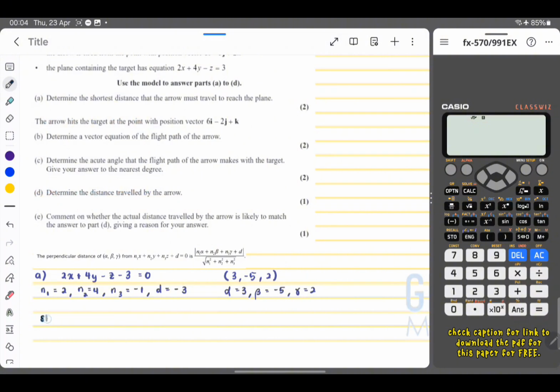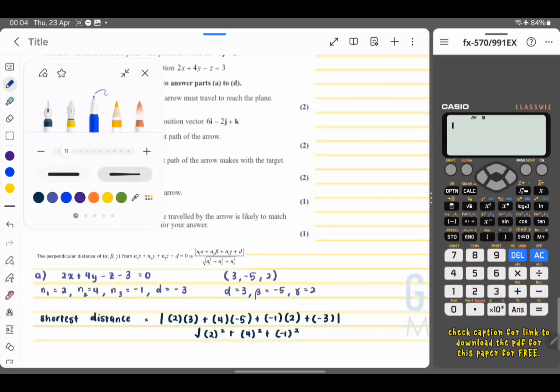So, shortest distance is equal to modulus of n1 alpha, so 2 multiplied by 3, plus n2 beta, 4 multiplied by -5, plus n3 gamma, so -1 multiplied by 2, and then plus d, which is -3, over square root of n1 squared plus n2 squared, which is 4 squared, plus n3 squared, which is -1 squared.